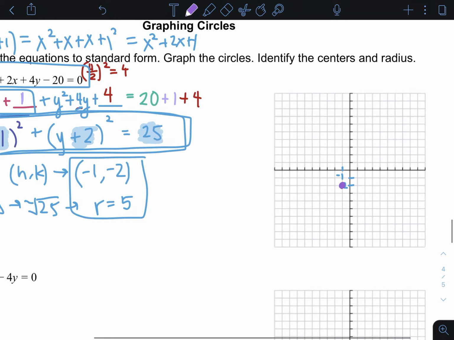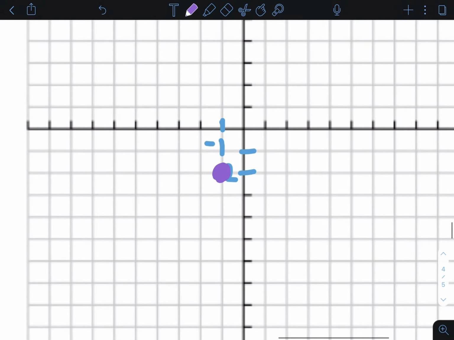My radius is 5. So all I need to do, the easiest thing to do, is count out 1, 2, 3, 4, 5. So that's going to be the edge of my circle right here. I'm going to draw a point, and then I'm going to do the same thing in all 4 directions.